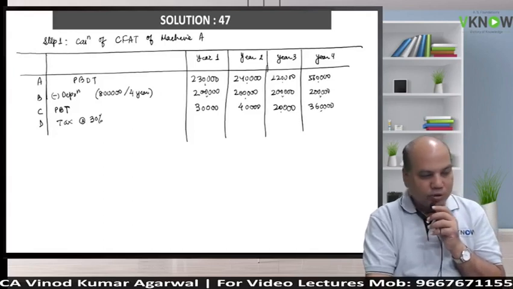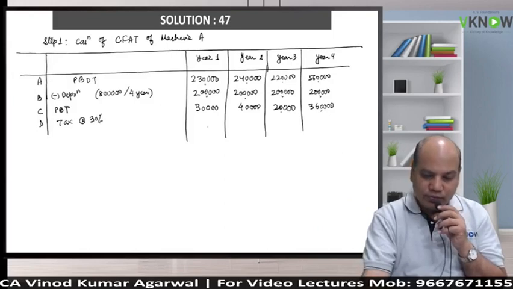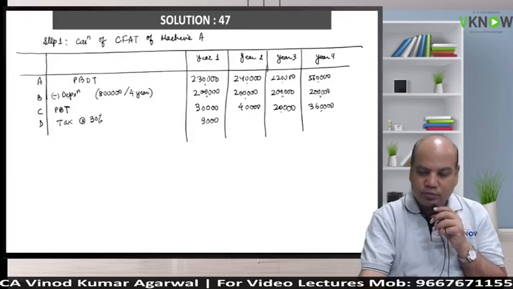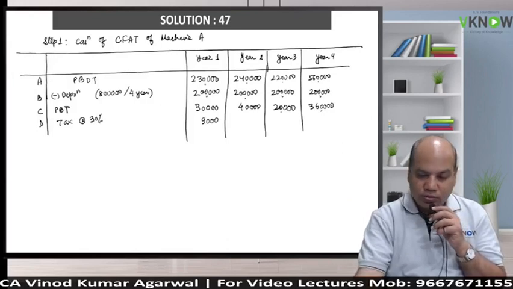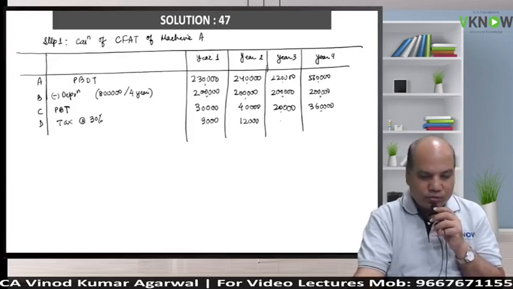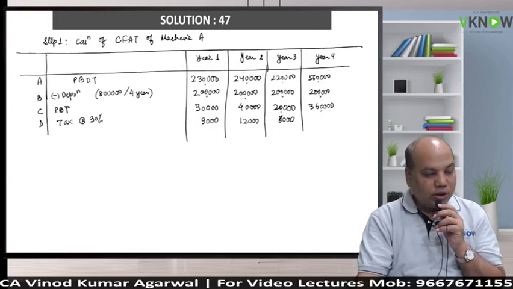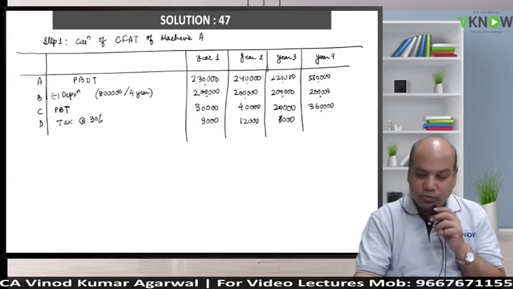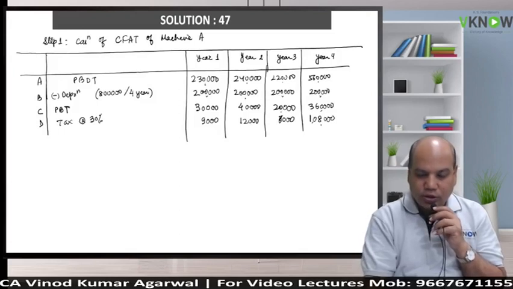So 30% of, write down on your calculator 0.3 into 30,000. 9,000. Now just press 40,000 and press equal to. You'll get the magic 12,000. Again 20,000 equal to 6,000 rupees. And 3,60,000 press equal to 1 lakh 8. Wait a minute.